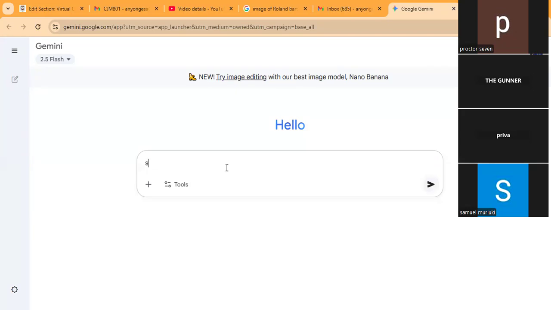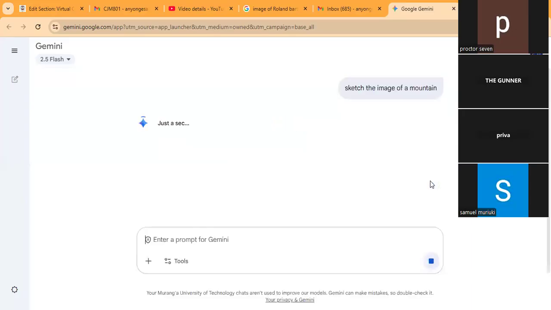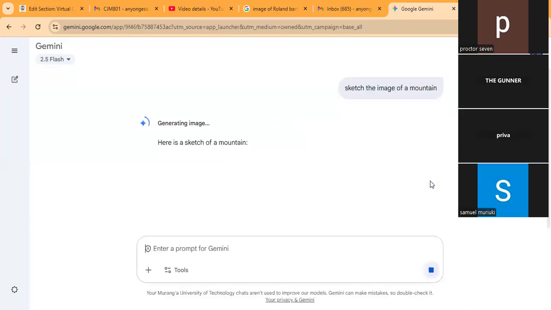Sketch the image of a mountain. And there it comes.